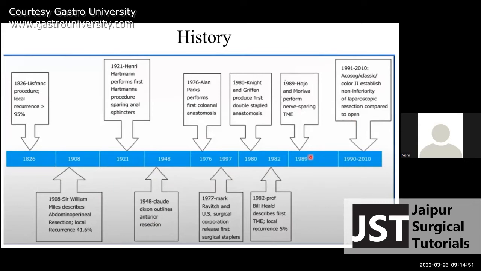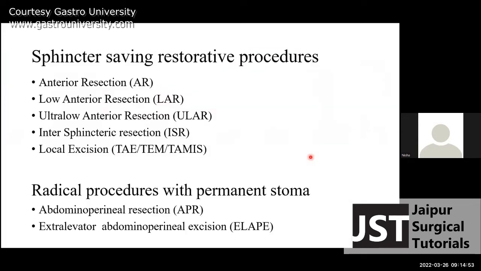So essentially, we divide the surgery for rectal cancers into the sphincter-saving restorative procedures and the radical procedures with permanent stomas. Among the sphincter-saving restorative surgery, we have anterior resection, low anterior resection, ultra-low anterior resection, intersphincteric resection, and local excision in the form of total transanal excision, transanal endoscopic surgery, and transanal minimally invasive surgery, which has been performed for very selective low rectal tumors.